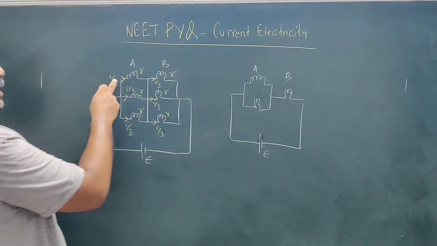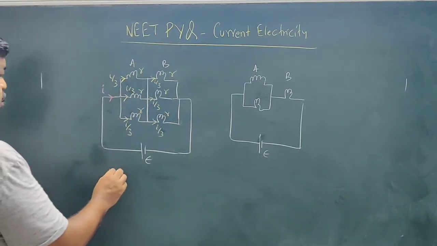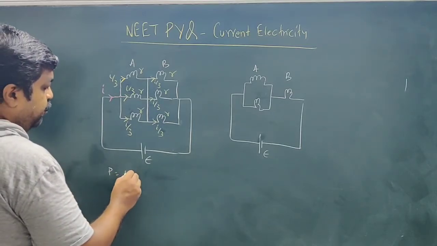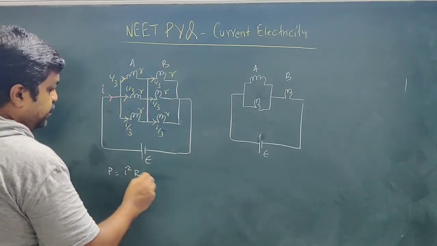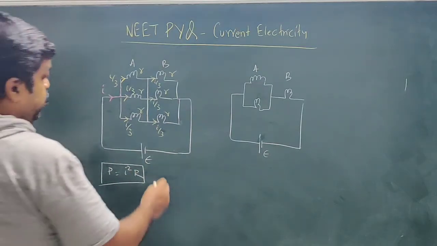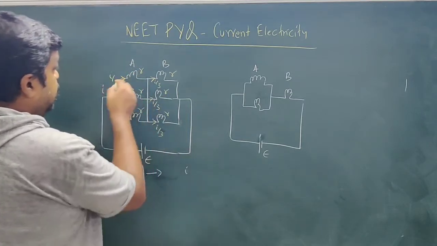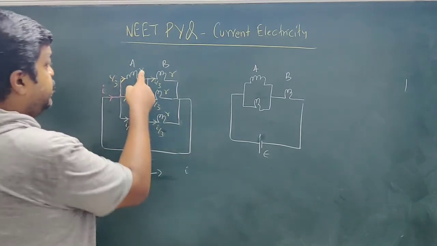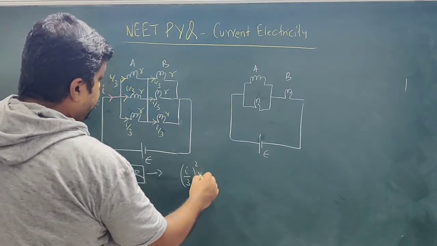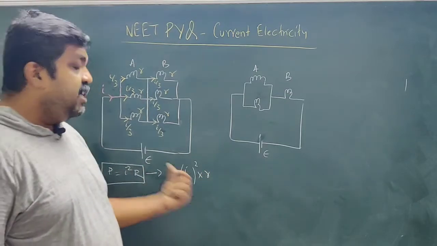So we know the current, we know the resistance. The formula for power consumption is P equals I square r. So here power consumption for a single bulb, the current is I by 3, resistance is R, so (I by 3) square into R. This is the power consumption by a single bulb.